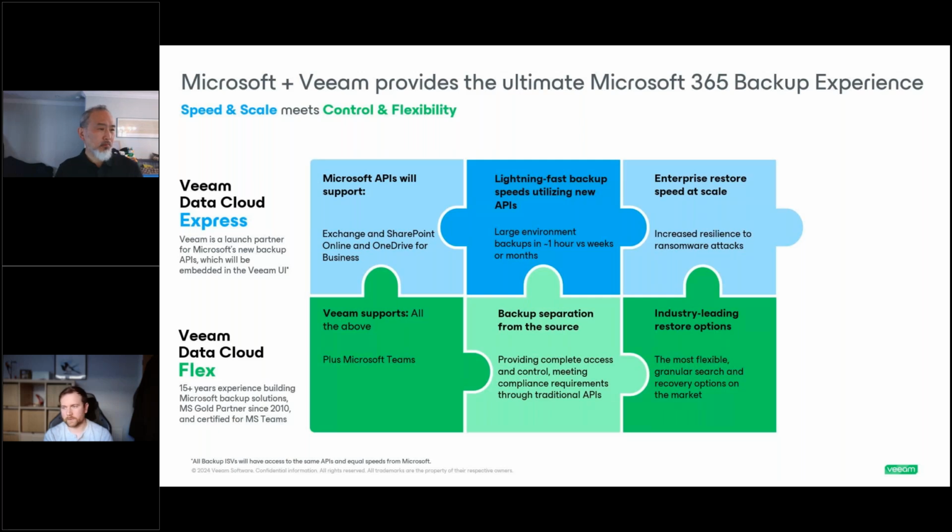So we've touched on the restore speeds already. So again, Express is very much about that cyber response, the ability to respond to ransomware attacks swiftly. But then if we look at what Flex is offering there as well. Well, at present, Express is only allowing us to do an entire rollback in time.